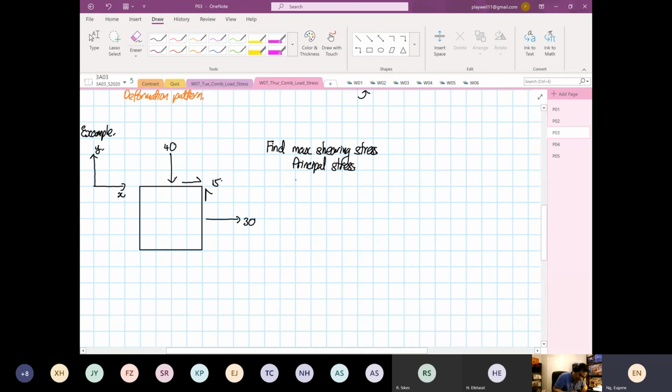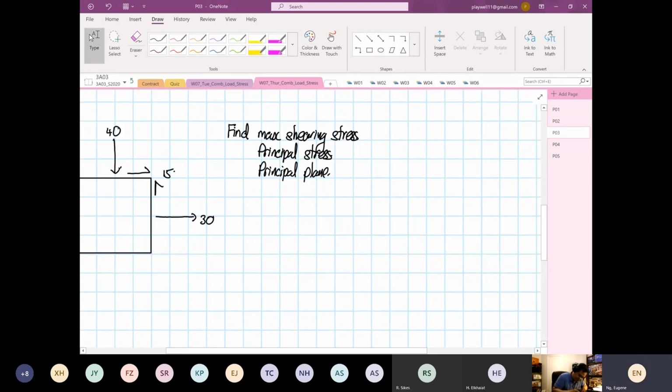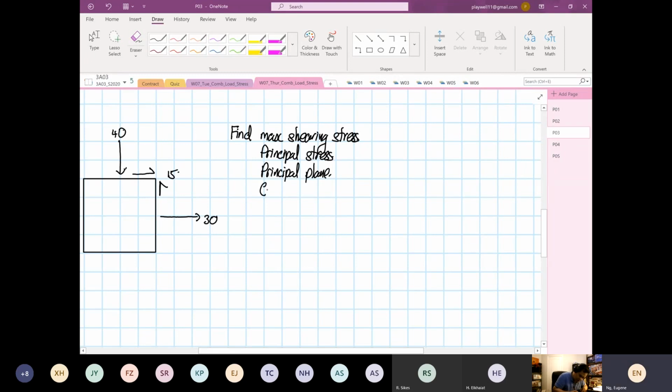We're going to find our principal plane. And we are going to construct the element, or construct and label the principal plane orientation. Okay, I'll tell you what I mean by that later on.